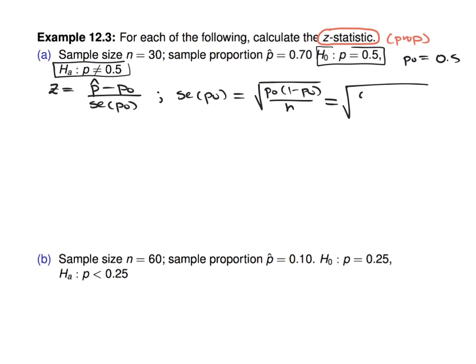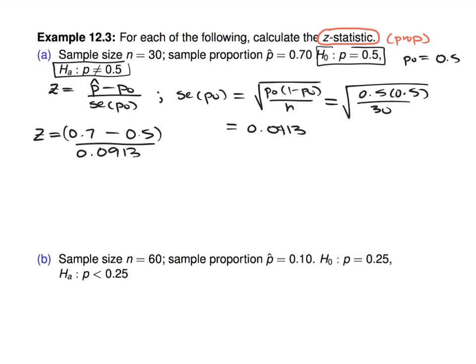So this is the square root of 0.5 times 0.5 over 30, which comes out to be about 0.0913. And my z value is 0.7 minus 0.5 over that number.